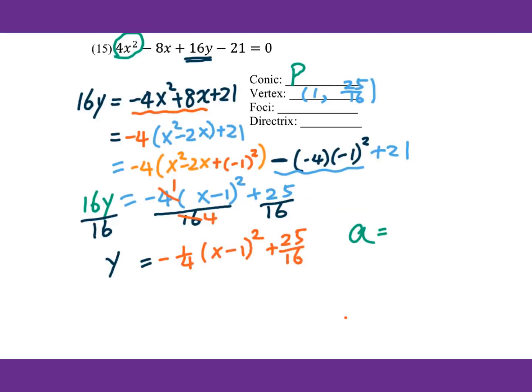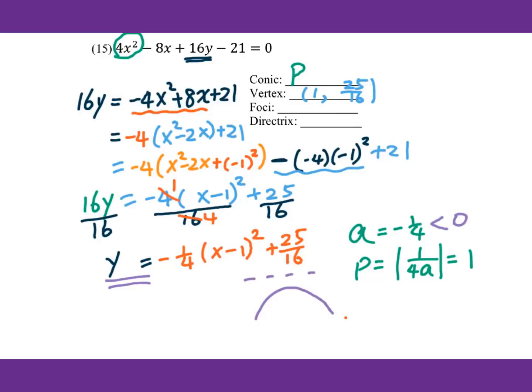Since a equals negative 1 over 4, so p equals absolute value 1 over 4a. That will be 1. For this graph, it's y equals and also a less than 0. Therefore, it's like this. Directrix will be here, and then this will be the focus. And then from focus, we draw parallel line to this directrix. That will be 2p.